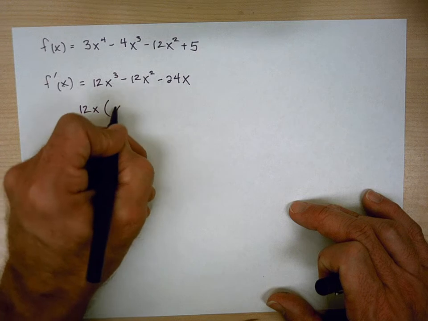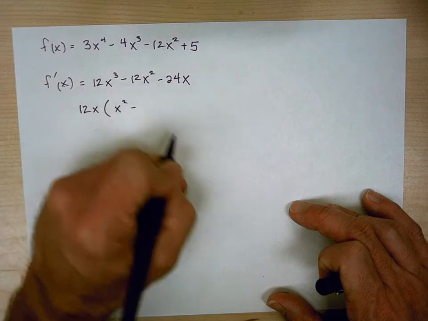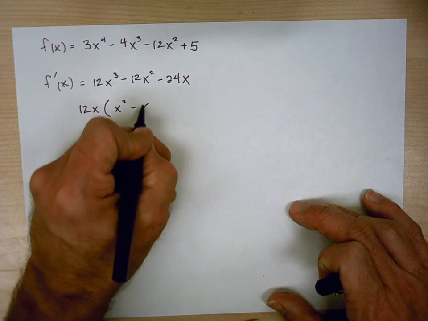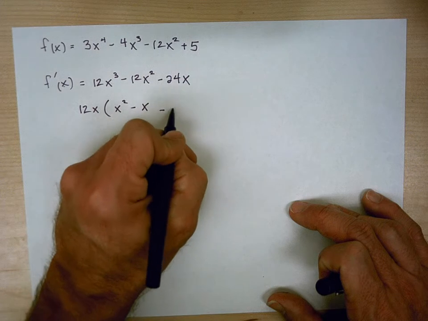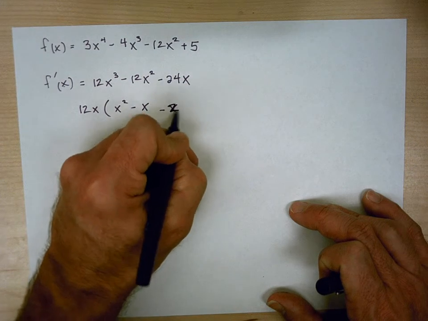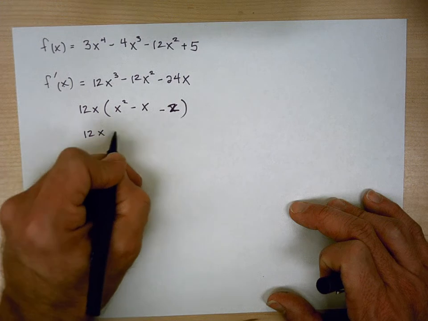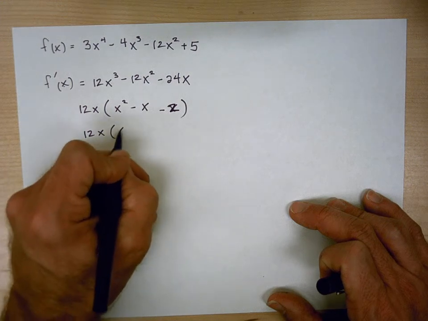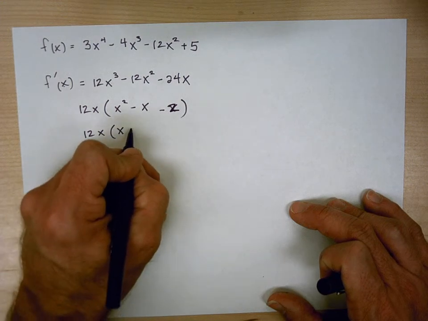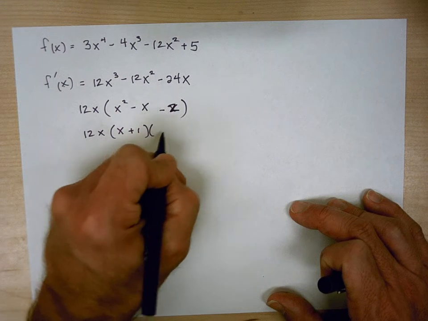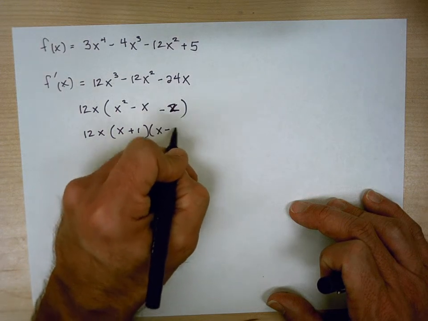That leaves us with x squared minus x minus 2. All right, and that can be factored. So we have 12x, that factors into x plus 1 and x minus 2.